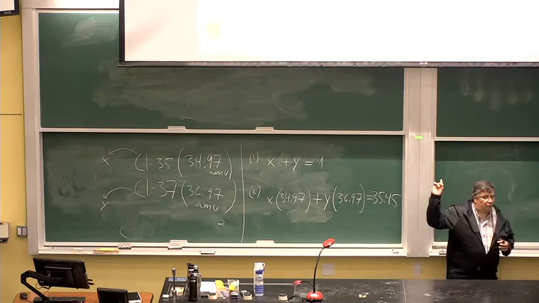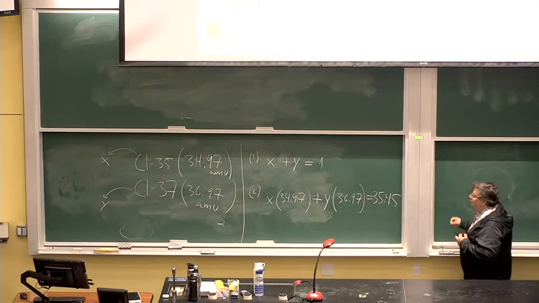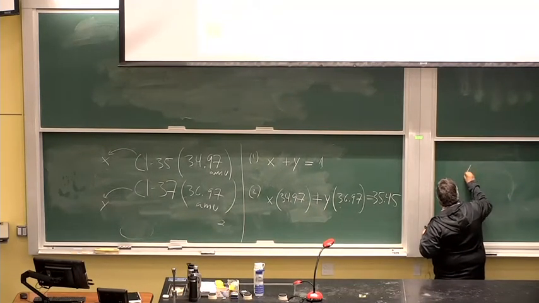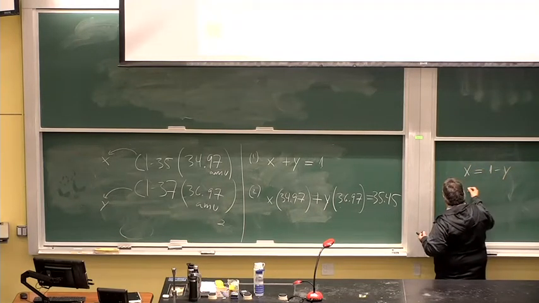I will continue on this board. So here, we know from the first equation that X will be equal to 1 minus Y. Yes?